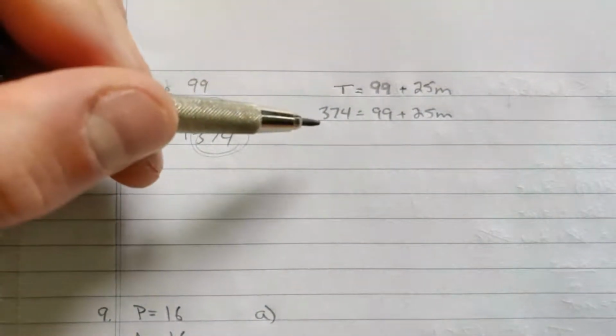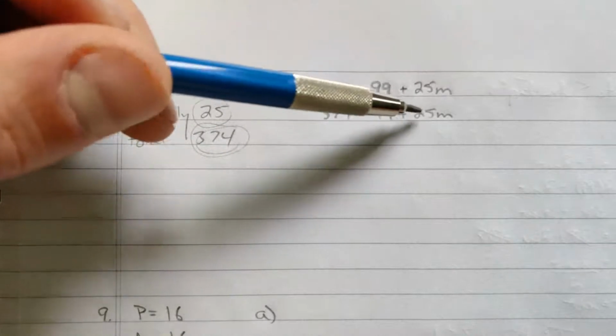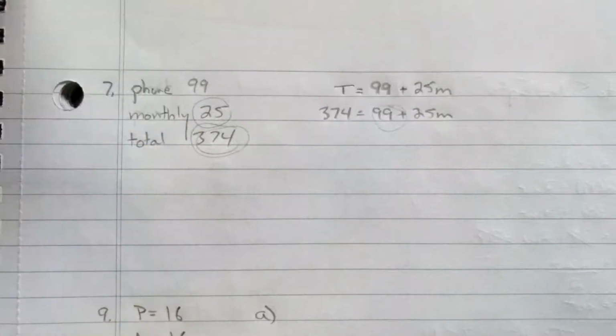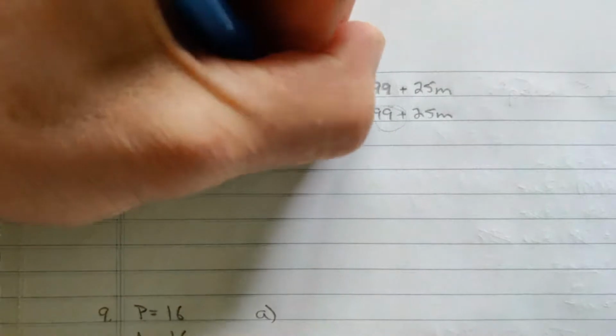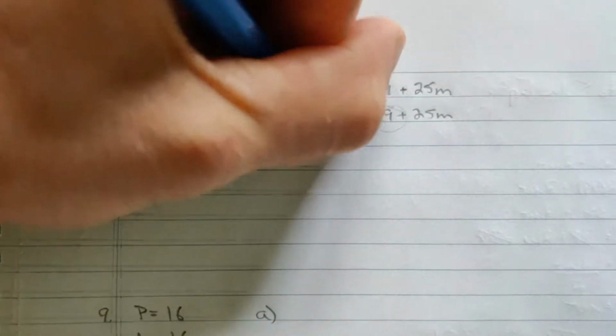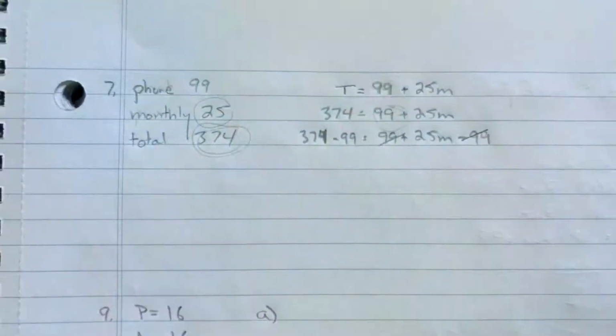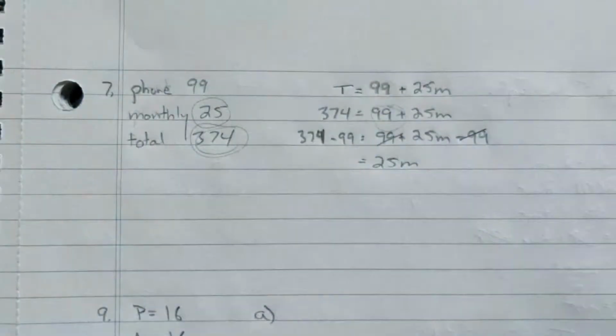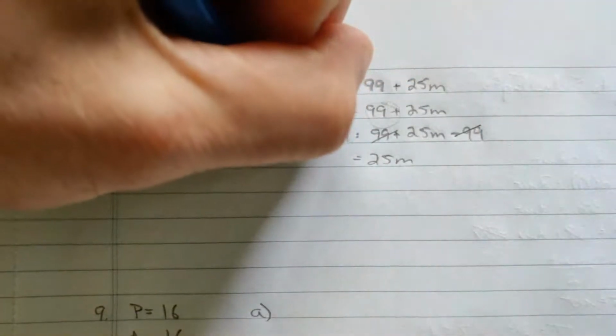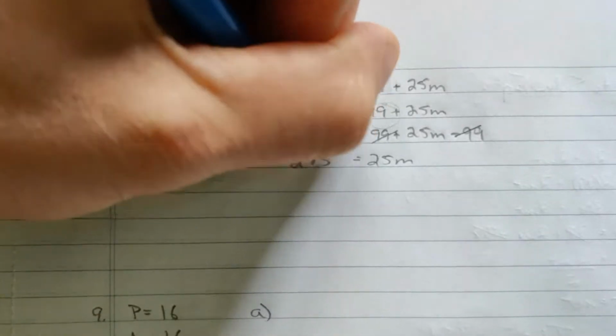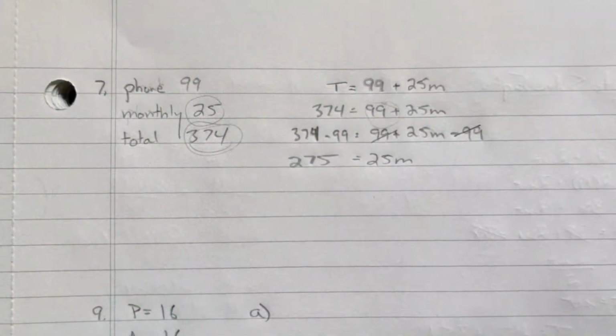And now, again, like the last couple questions, we're going to get rid of the addition first and then the multiplication. So we're going to subtract 99, that's 374 minus 99. We're going to subtract that 99 from both sides, and that is going to get us down to 25M on this side, and 275 on the other side. And now we're just going to divide by 25.